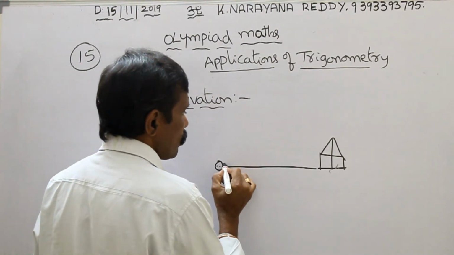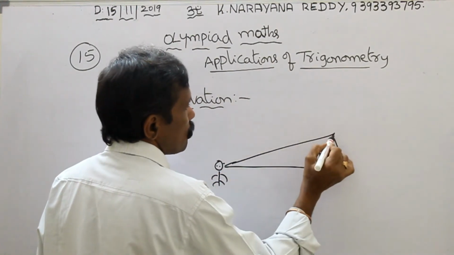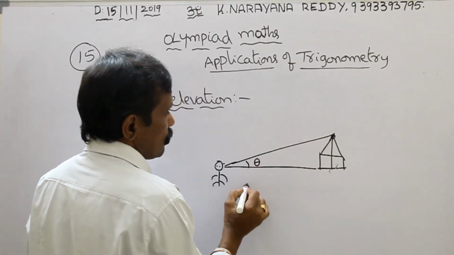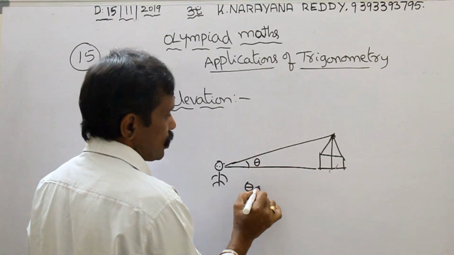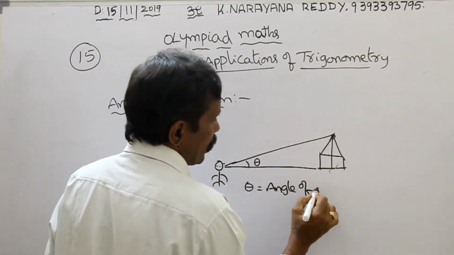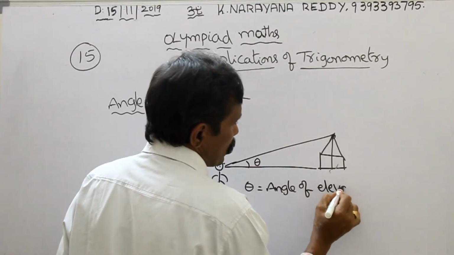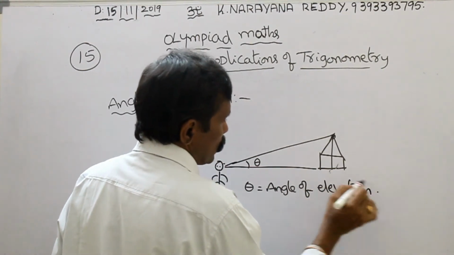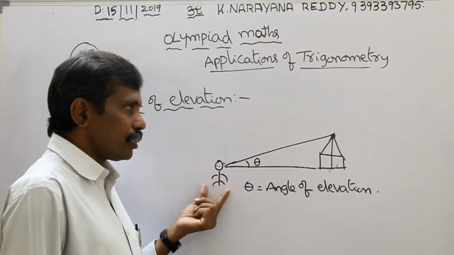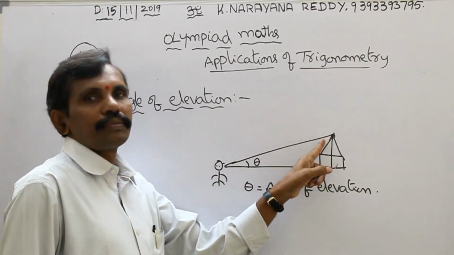For example, this is angle of elevation. This theta is called angle of elevation. So, rising head. The person raises his head to look at the object.